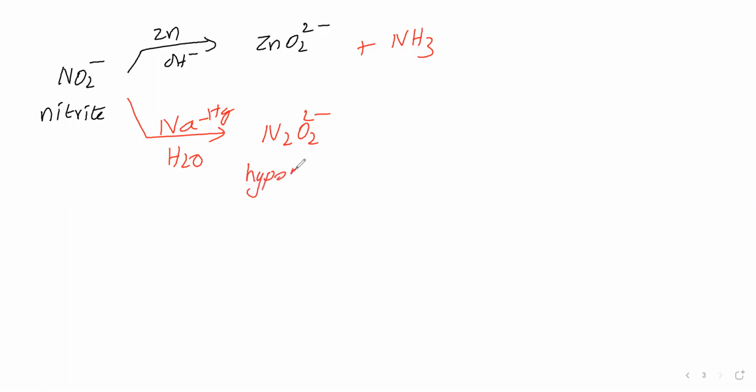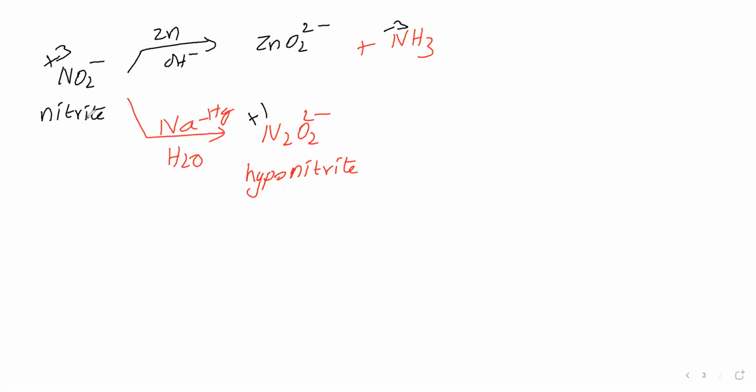Nitrite is converting into hyponitrite. In nitrite, what is the oxidation number of nitrogen? That we will see: +3. In ammonia, nitrogen is -3. In hyponitrite, nitrogen is +1. That means nitrite on reduction gives ammonia, and nitrite on reduction gives hyponitrite.